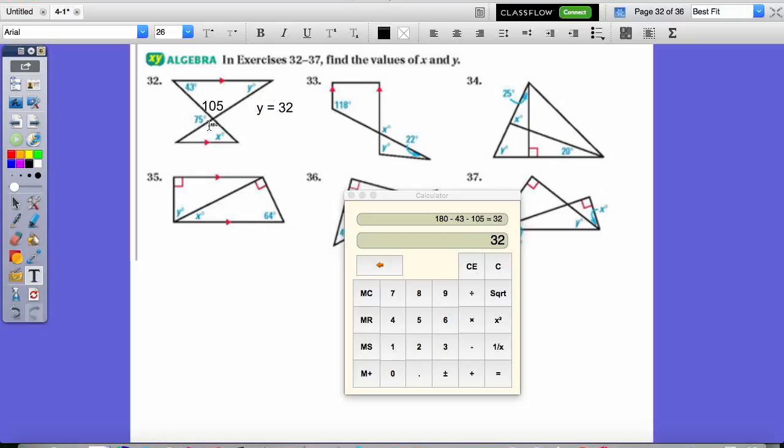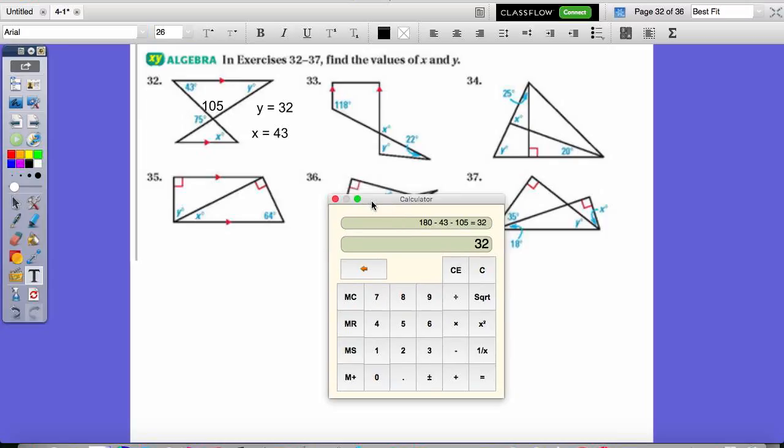Now, here, you had that this was 105, but these lines are parallel, so 43 and x are alternate interior angles. So I didn't even have to do that. There might have been a shorter way to do y. I didn't even realize the figure said they were parallel. So x is 43. Okay?